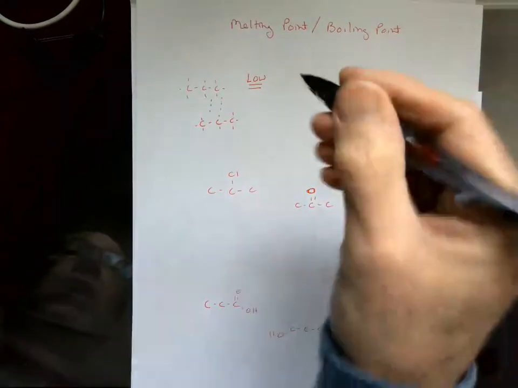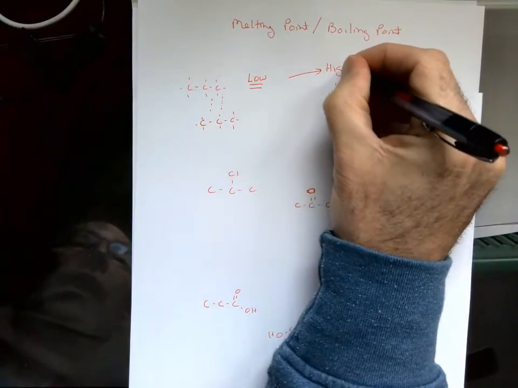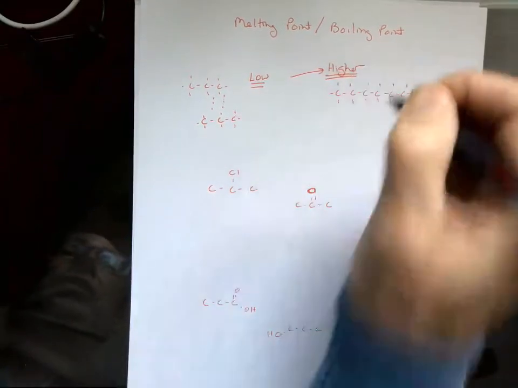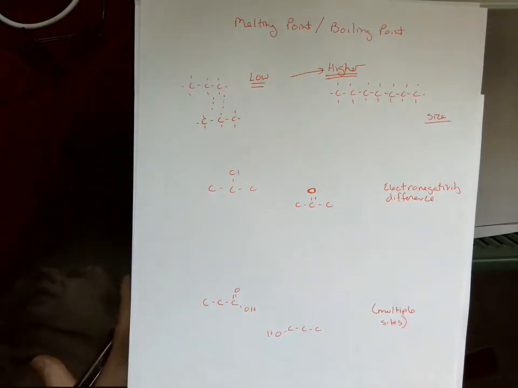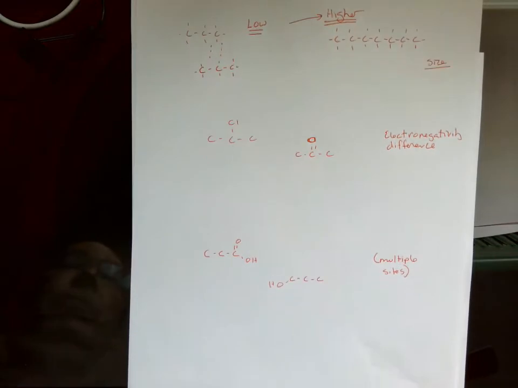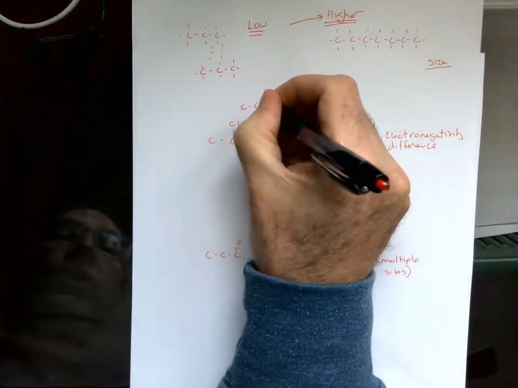The longer our carbon chain, the higher it goes. Okay, so everything is comparison here. So the longer chain will be higher. Now, another way to get higher melting and boiling points is to have stronger intermolecular forces.